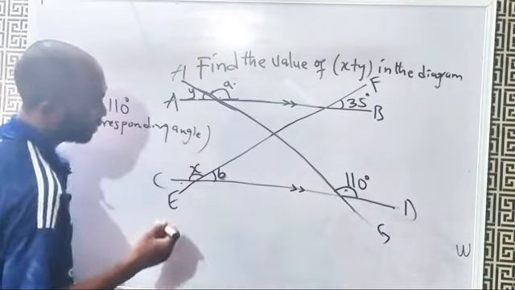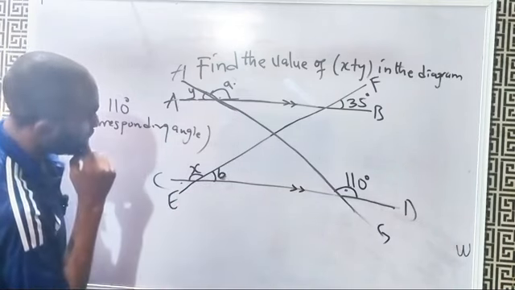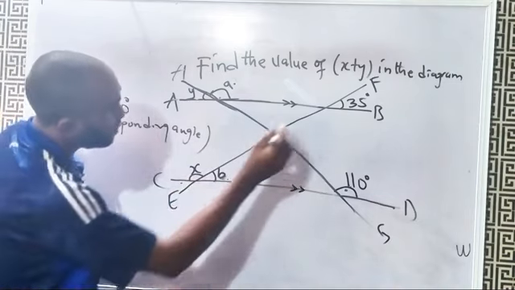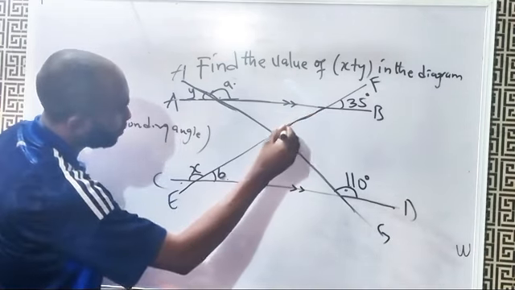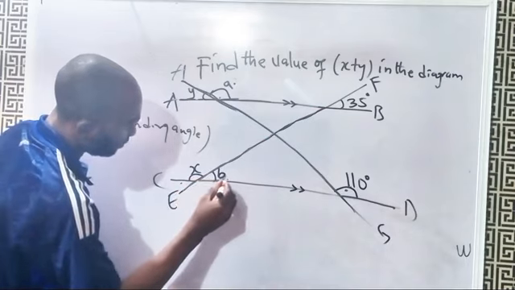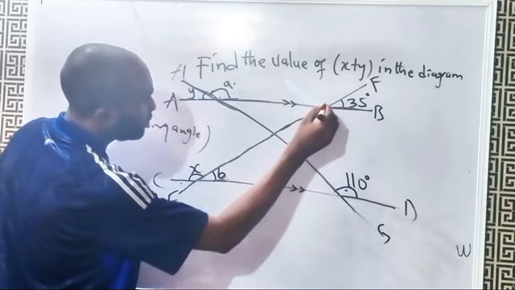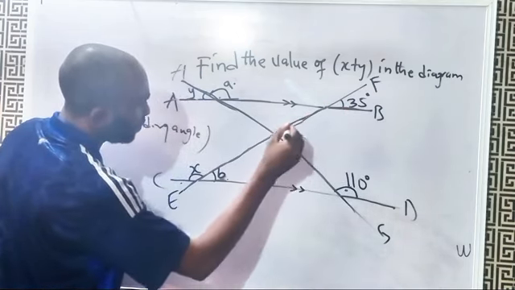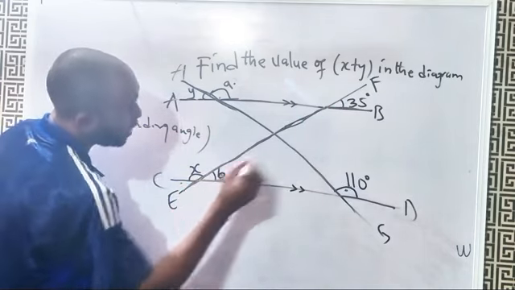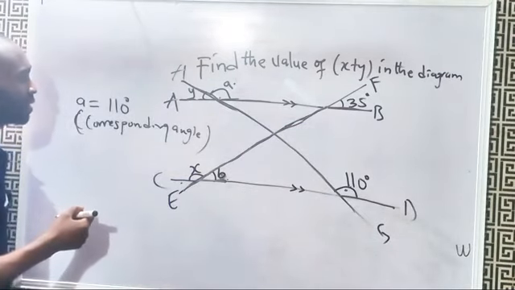Then again, if you want to find the value of B here, you'll see that there is something like F drawn here. Just look at it, F. This F here tells us that B and 35 are corresponding angles.